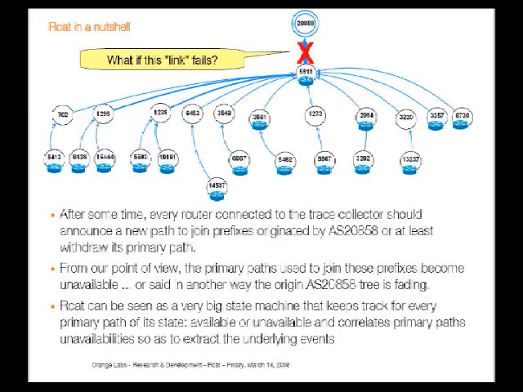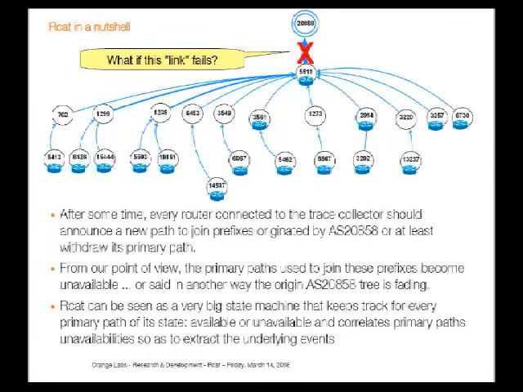But in both cases, what you're going to observe is that all the primary paths which were used to reach the destination are no longer available. Or said another way, the origin AS tree is fading. The branches, which are the primary paths, are becoming unavailable.